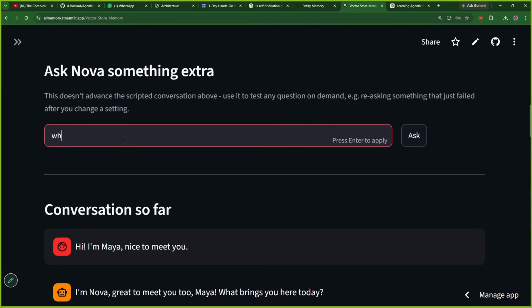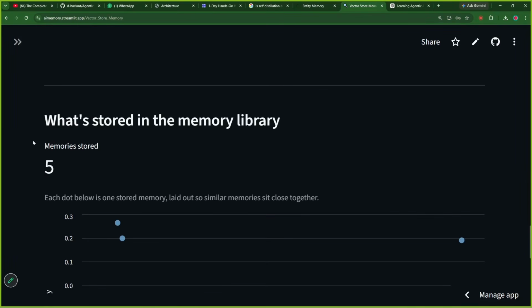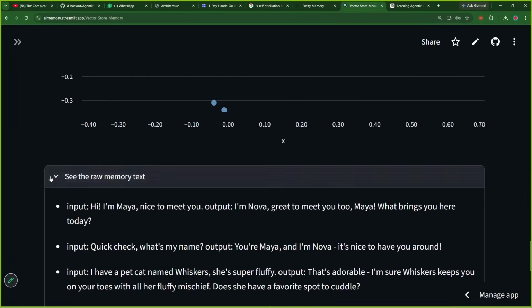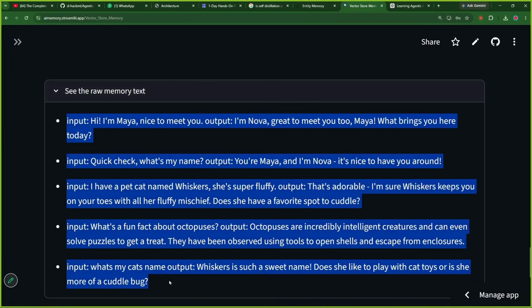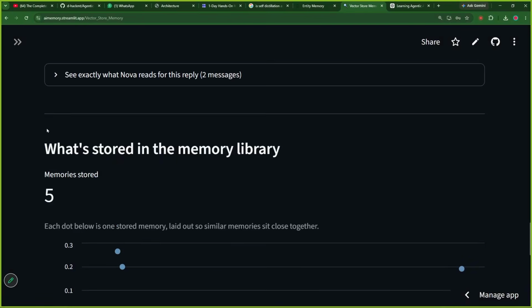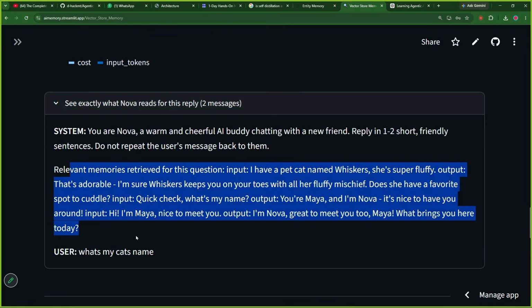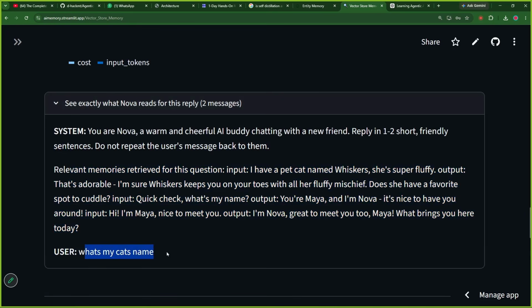It can also make a third hybrid, which I will talk about. See, this is the raw memory context, only inputs. This is how it looks in the vector database. And see, relevant memories: what's my cat's name? It will fetch some information from the vector database.